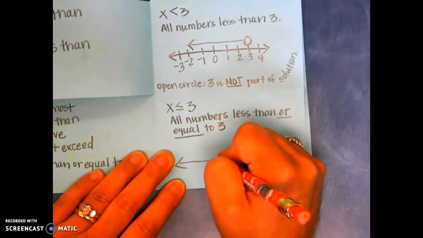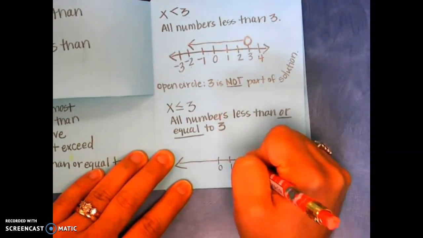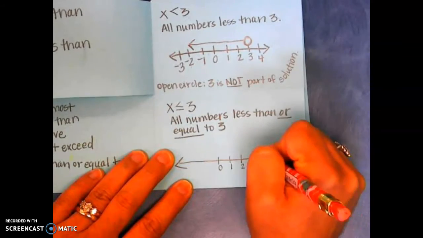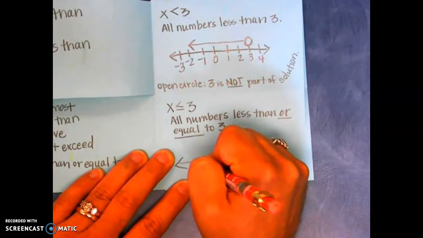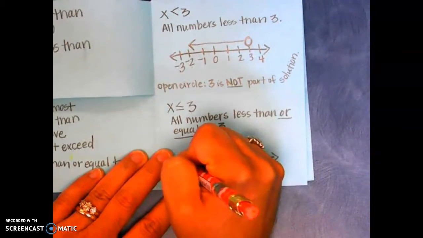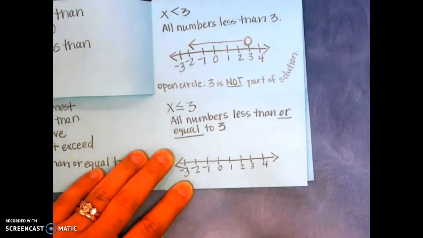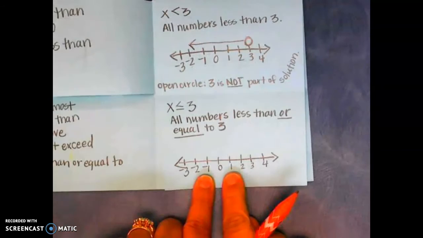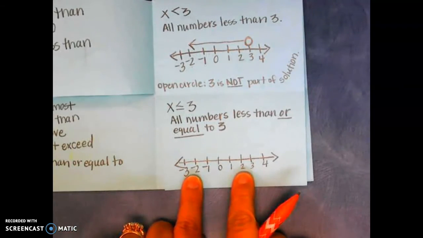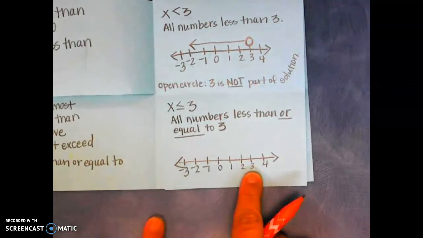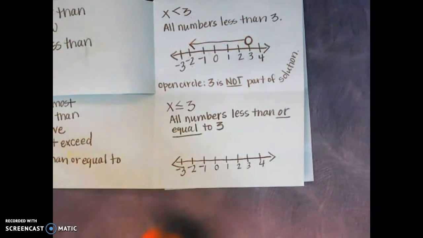In fact, you can kind of make them Twinkies. 0, 1, 2, 3, 4. And then on this other side, we're just going to throw in some negative numbers as well. And notice how these numbers on the number line match up. They are opposites of each other. Okay. So I'm going to go in here, and since I know there's an equal sign in there, I'm going to make sure I use a closed point, a closed circle.